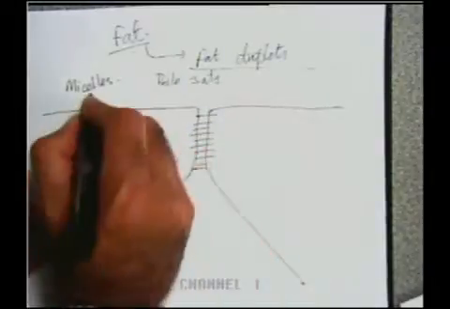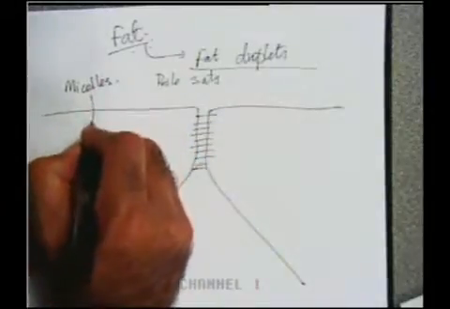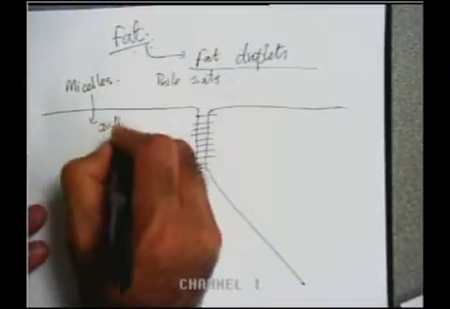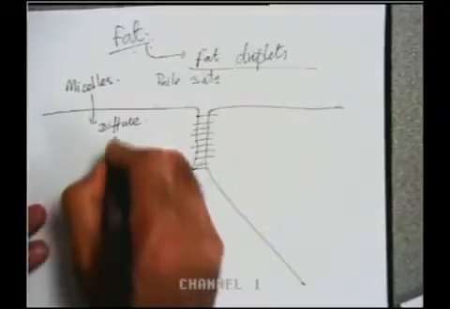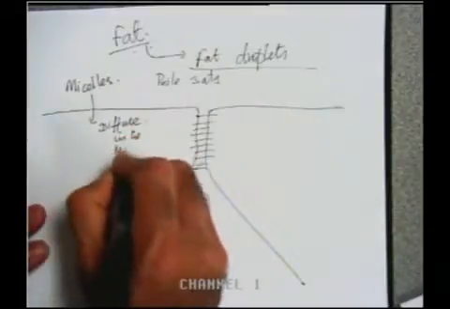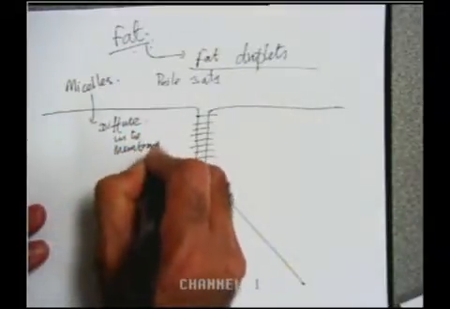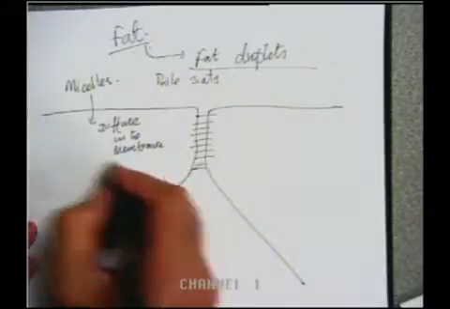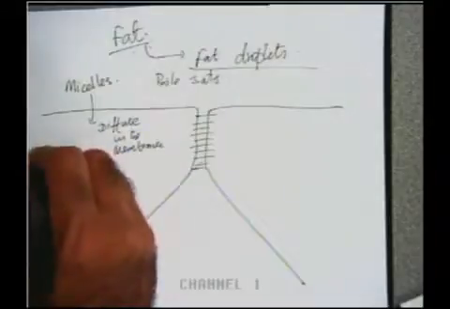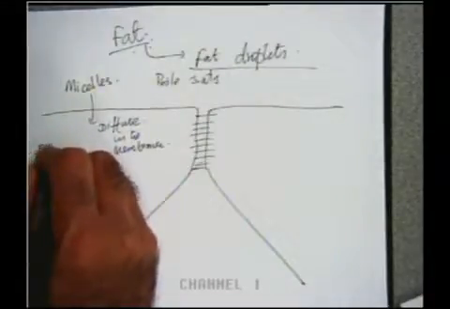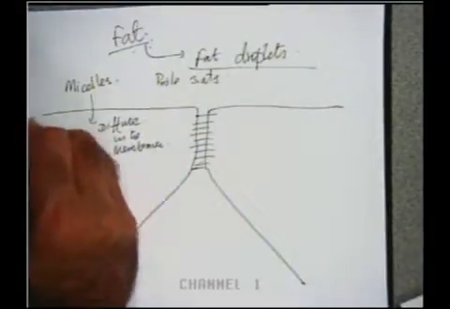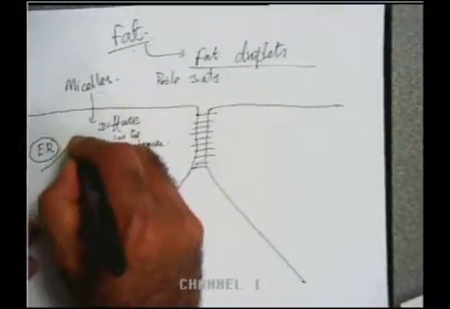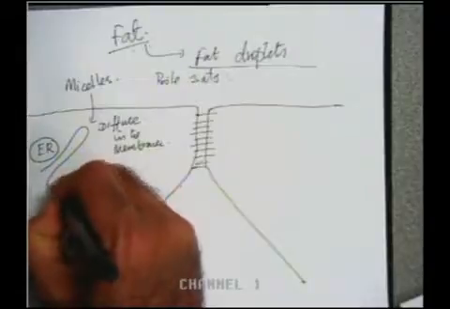So the micelles will diffuse into the membrane, and they form, I put it like an ER, an endoplasmic reticulum. As soon as it diffuses, the membrane will have a folded endoplasmic reticulum like that.